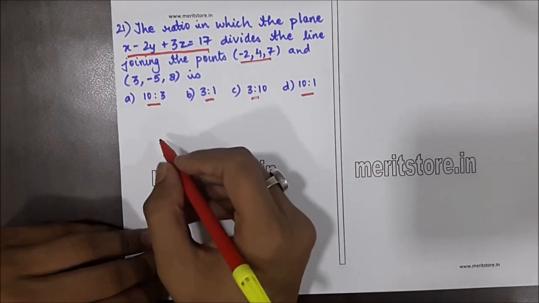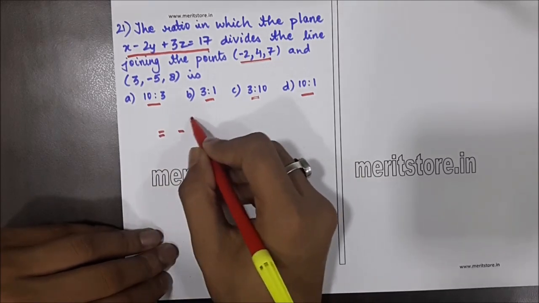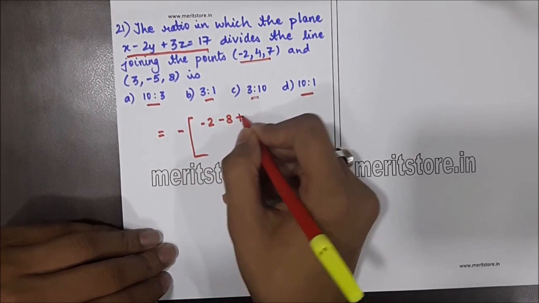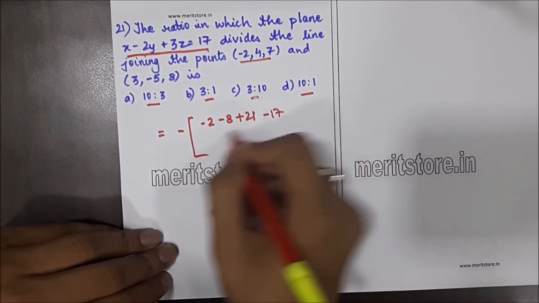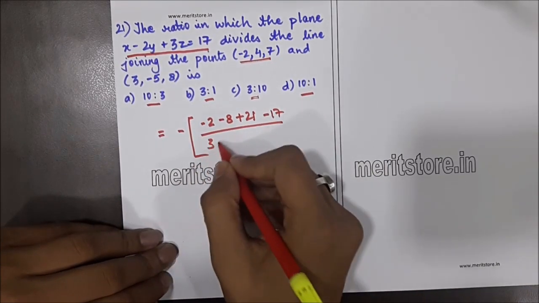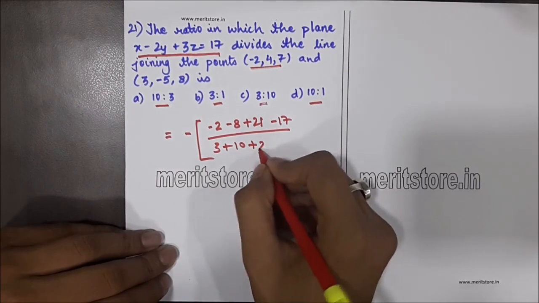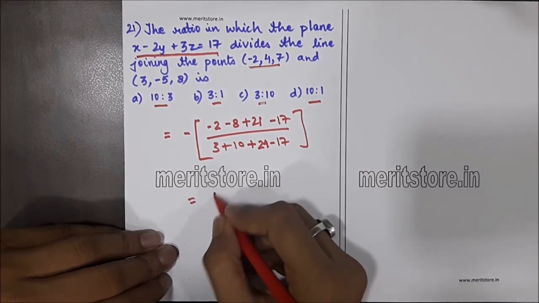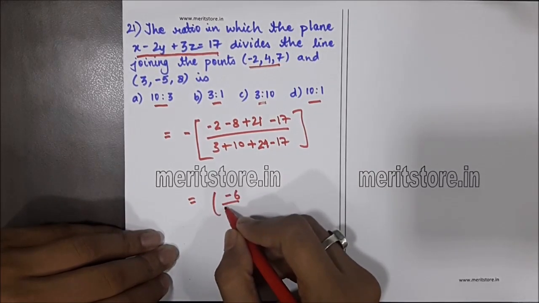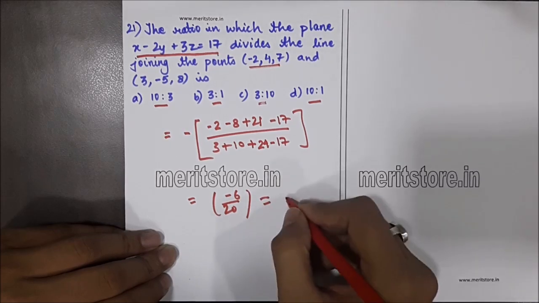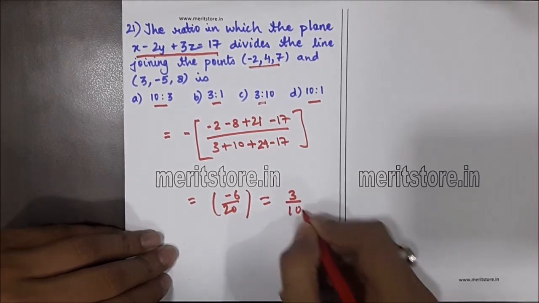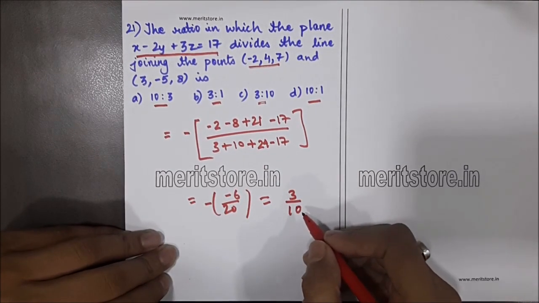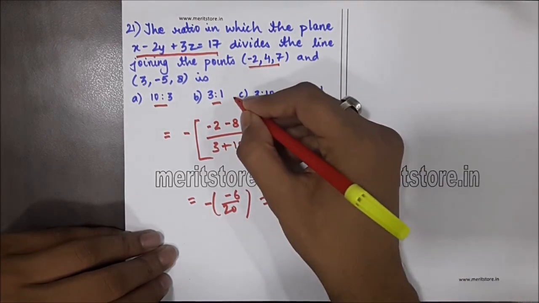Using the formula of the ratio, we would get (-2 - 8 + 21 - 17) upon (3 + 10 + 24 - 17). Solving above, we get -6 upon 20, which simplifies to 3 by 10. So the correct answer is option C, 3 is to 10.